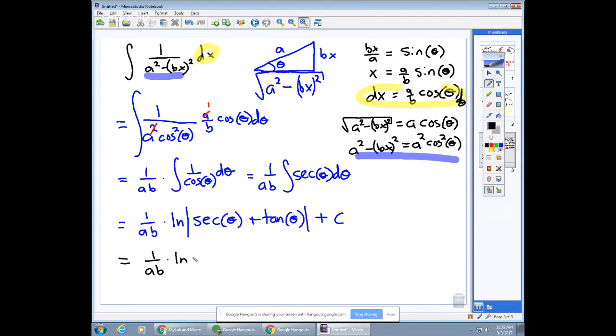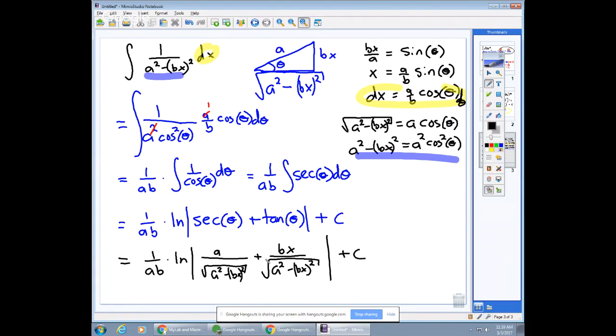So that's going to give me, let's switch back to black here, 1 over ab, natural log of the absolute value, secant, according to my triangle, is a over the square root of a squared minus bx squared, plus tangent is opposite over adjacent, so that's bx over the square root of a squared minus bx squared.